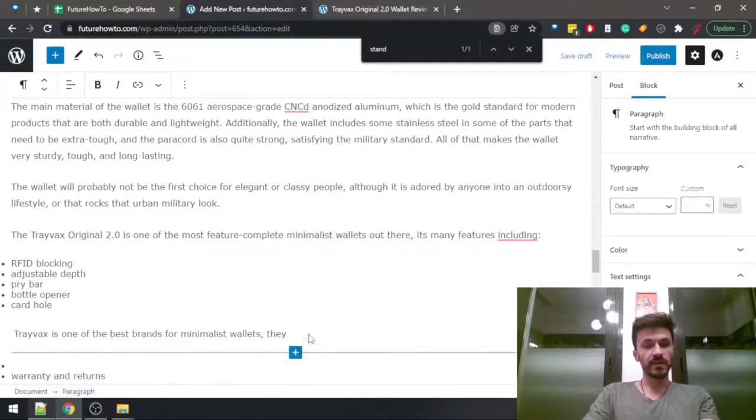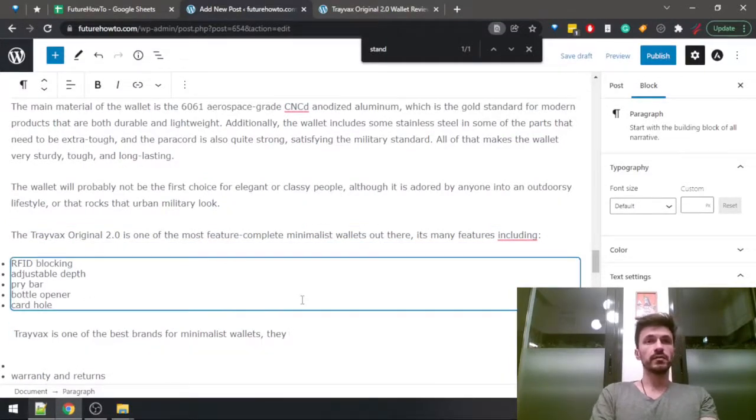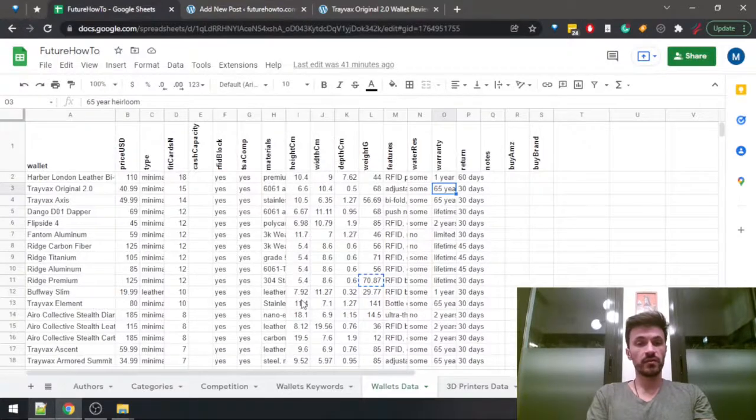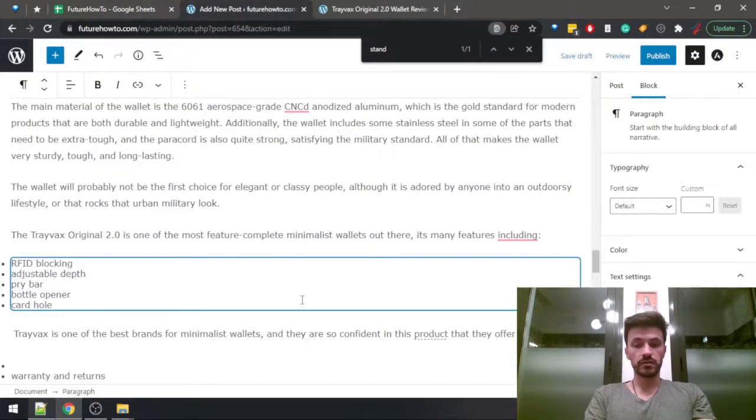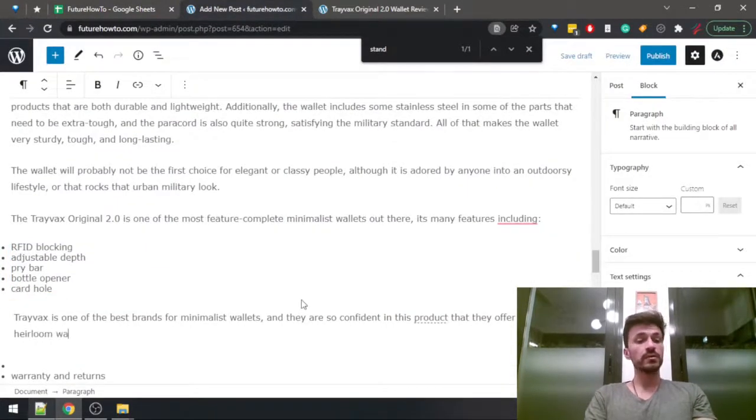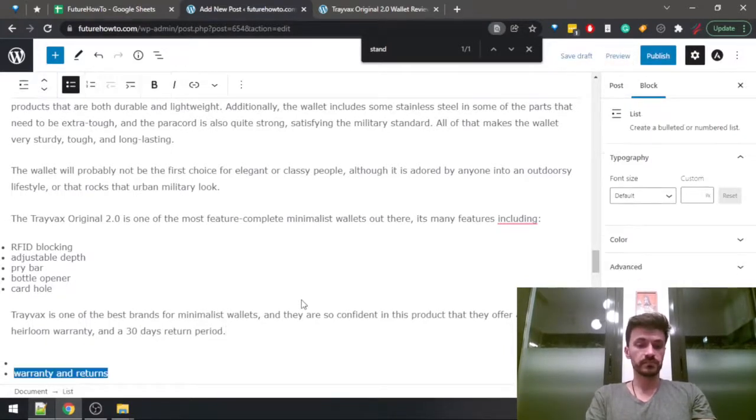So they are so confident in this product that they offer a 65-year heirloom warranty and 30 days return period. Good.